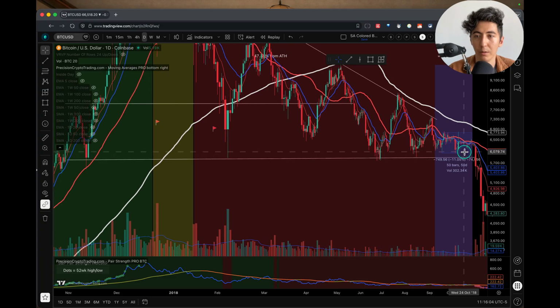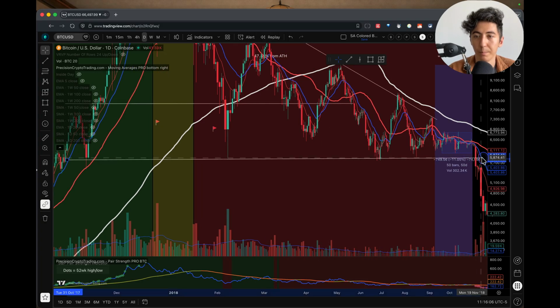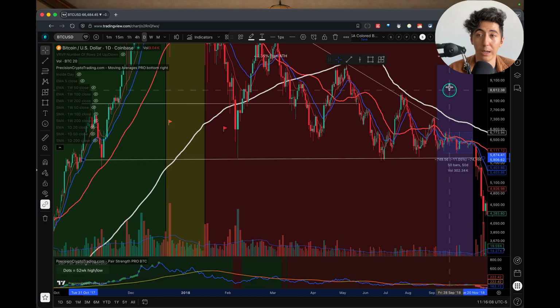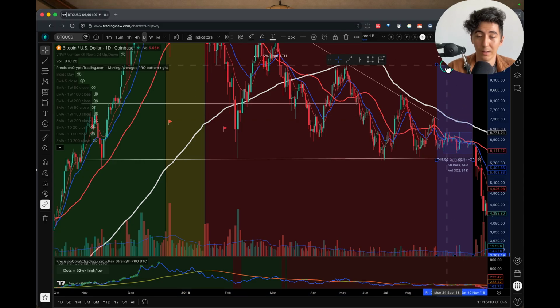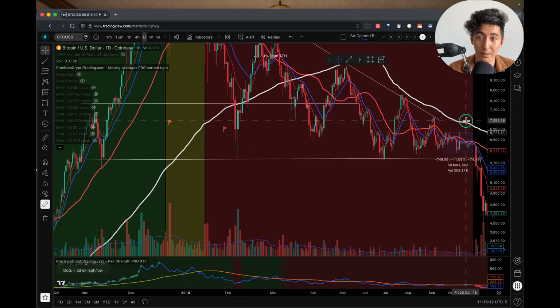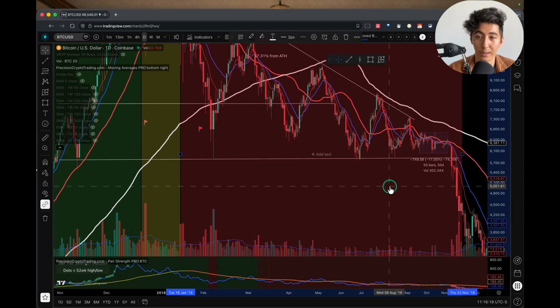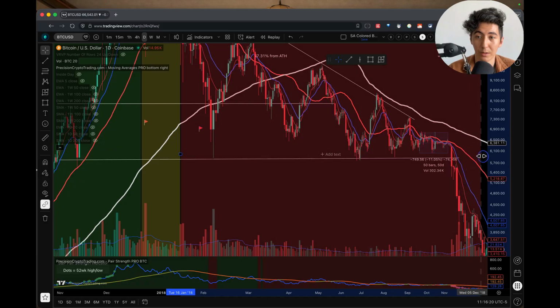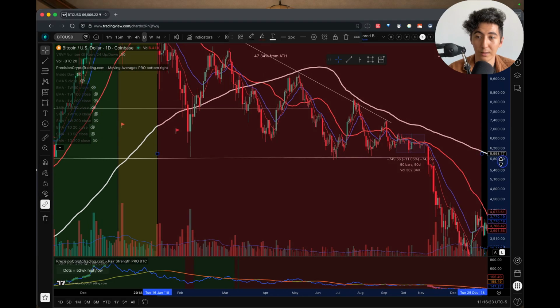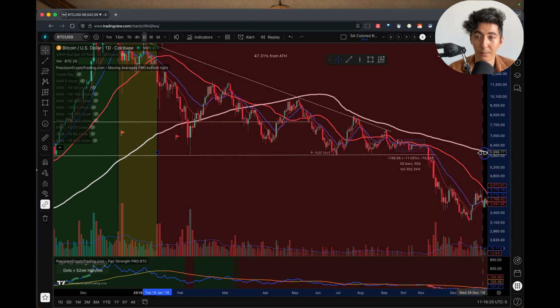And then, what do you know? It breaks below. Now we know, okay, this is definitely not stage 1 basing. This is a continued downtrend. And it just continues.